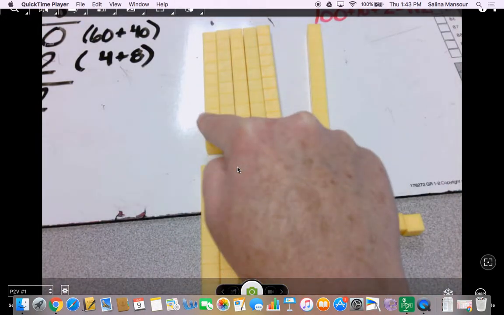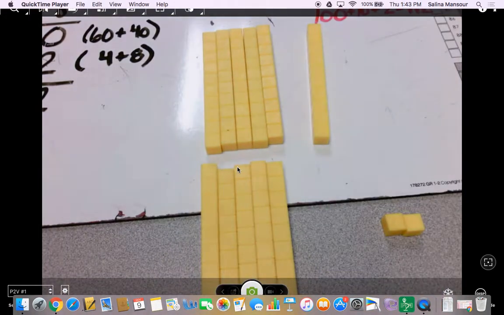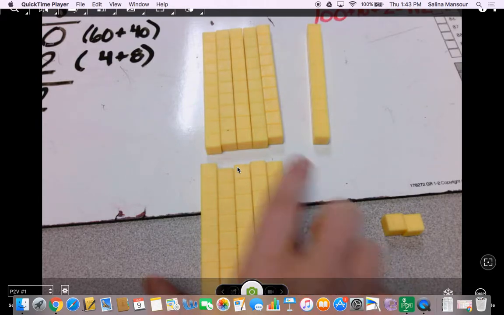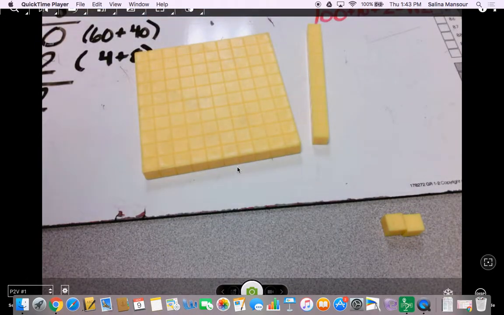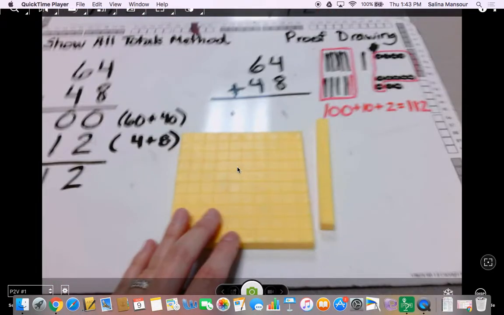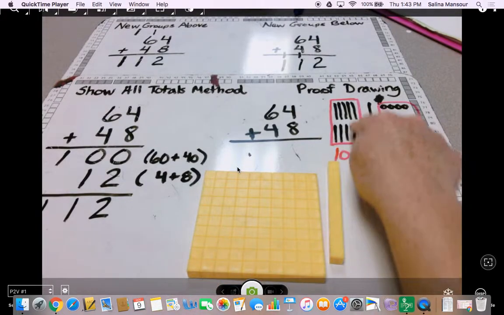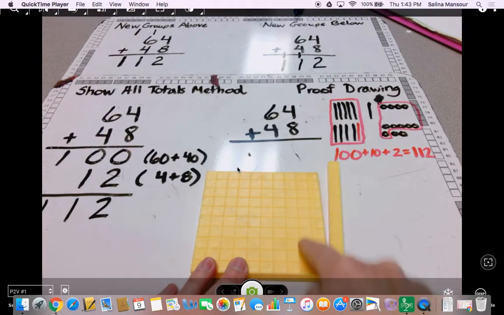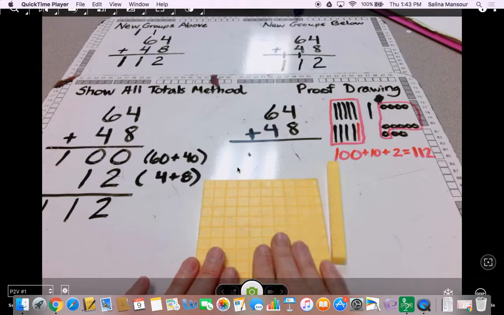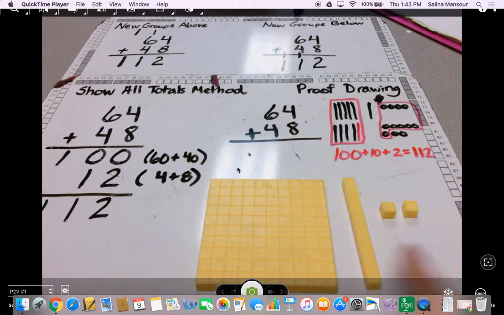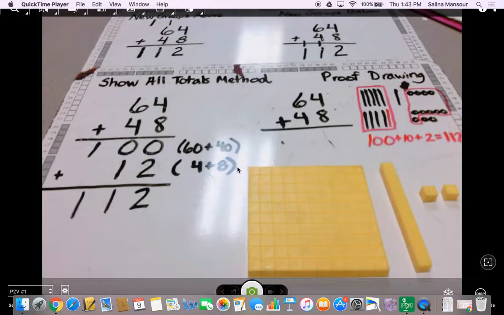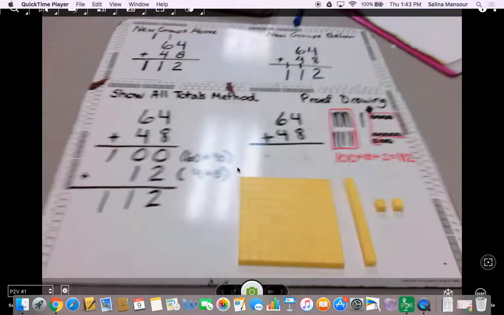Now I can see here 10, 20, 30, 40, 50, 60, 70, 80, 90, 100. Which is what I did here. I put a box because I'm showing that I have 100. So now I'm left with 100, 10, 11, 12. 112. So let's just give you a minute to look at how all of the strategies are connected.